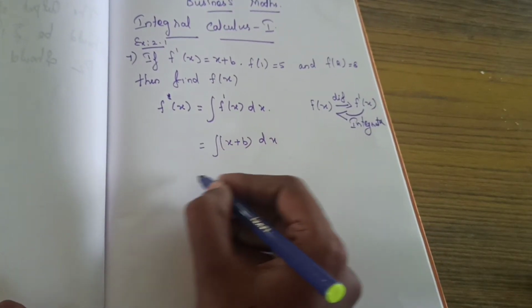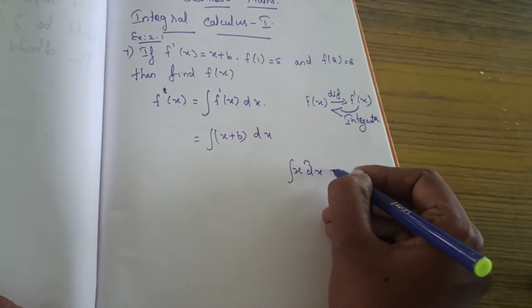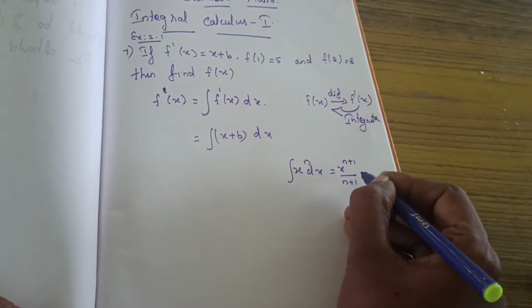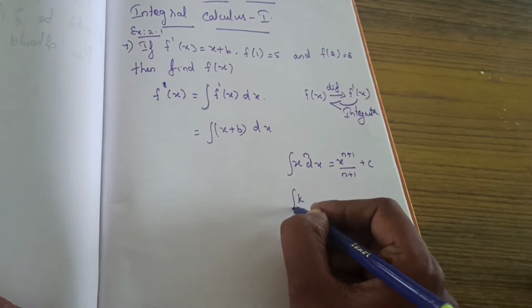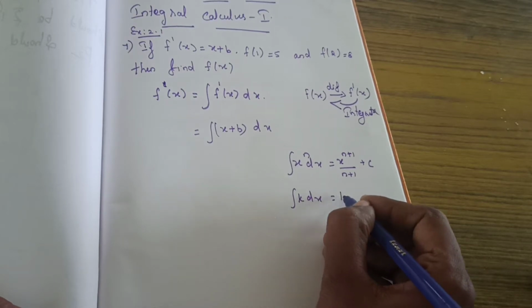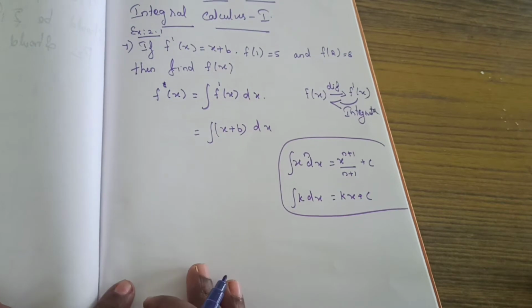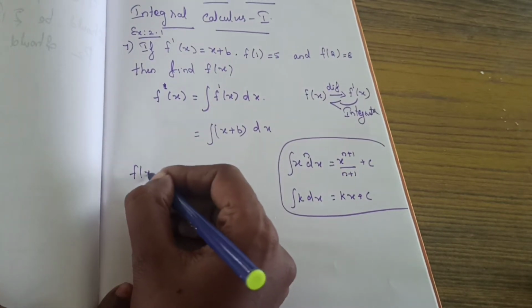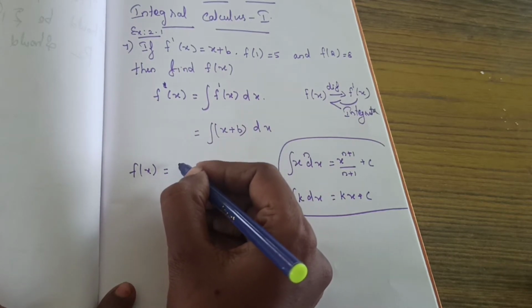So we have learned two formulas. Integral x power n dx is equal to x power n plus 1 divided by n plus 1, plus c. One more formula we have learned, integral k dx is equal to kx plus c. We are going to use these here. So f of x is equal to, x is x power 1, is it right?